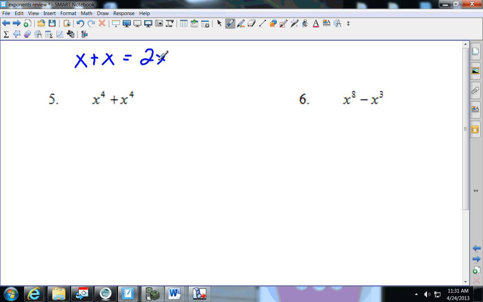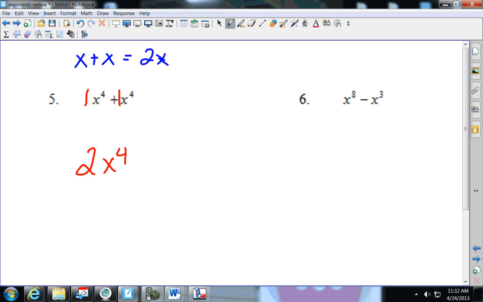You're putting them together. That's basically what we're doing right here. This says I have 1x to the fourth plus 1x to the fourth, so my answer is going to be 2x to the fourth. When you are adding, all you can do is add the coefficients. Those exponents stay the same.